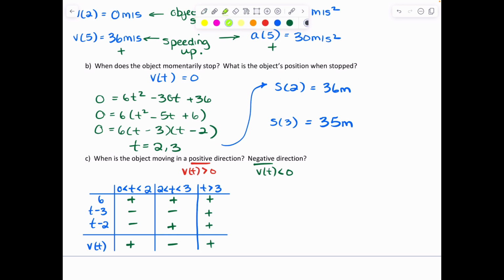Okay, so the object is moving in a positive direction from 0 to 2 seconds, and after 3 seconds. And between 2 and 3 seconds, we can see that it is moving in a negative direction. So we'll just conclude there.